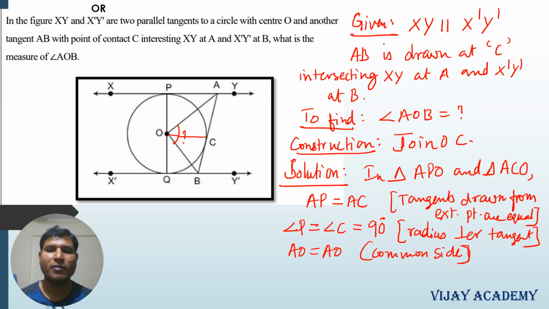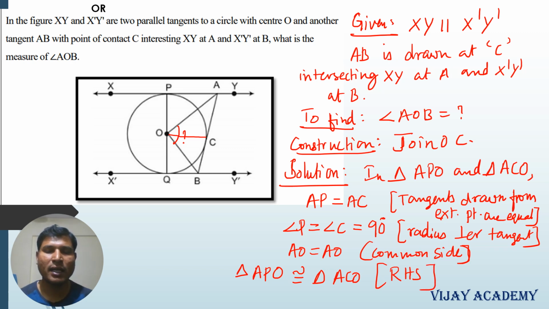Now from these three equal measurements, we can write that triangle APO is congruent to triangle ACO. Here we are using the RHS congruence rule because we have a right angle, OA is the hypotenuse, and AP and AC are one side of the triangle.